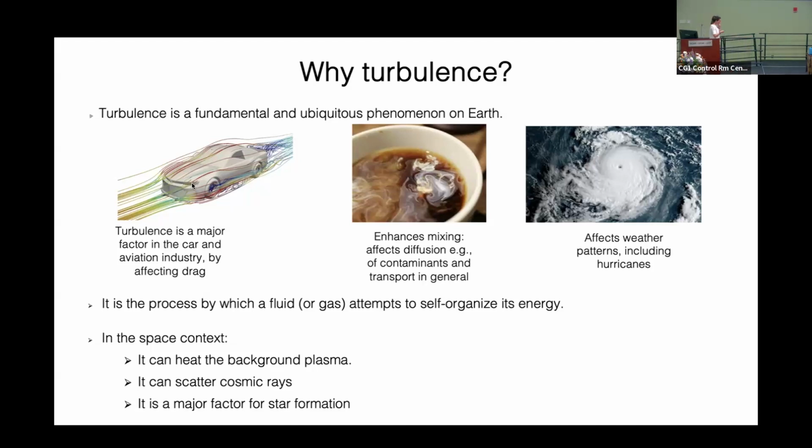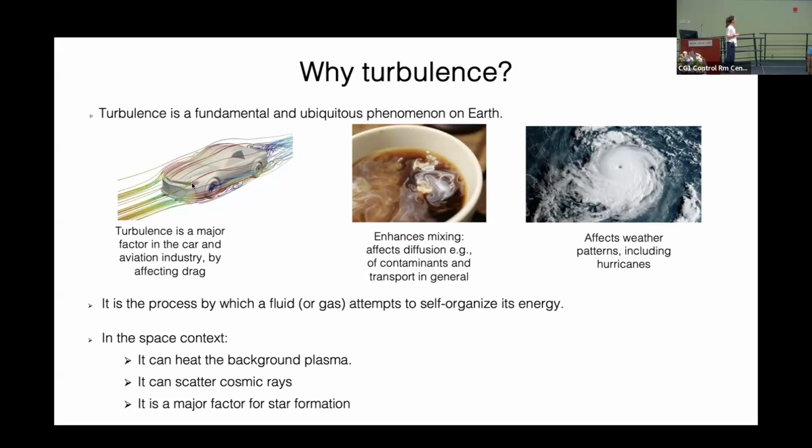Turbulence also is associated with chaotic motions that enhance mixing. So that's why you want to stir your coffee if you like it with milk, so that you can mix them well, okay? And so for this reason, turbulence affects transport of mass, momentum, heat, okay?